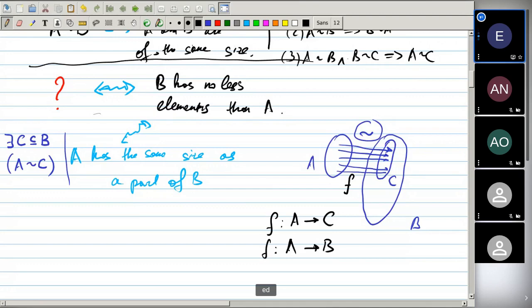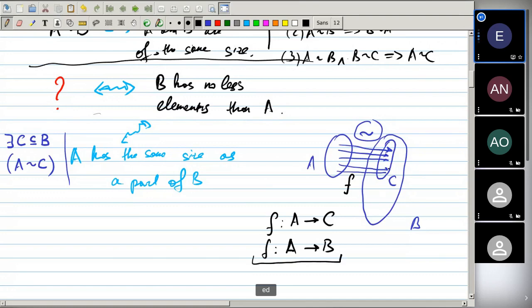Now let's check whether f retains any of these two properties. Is it surjective? No, it can be not surjective onto B. Why?